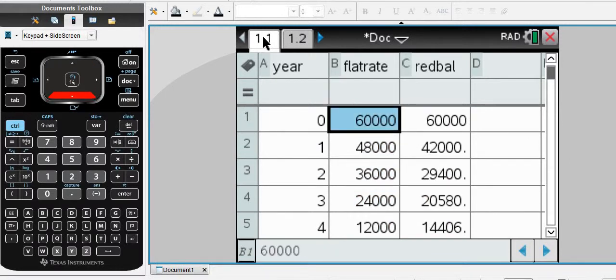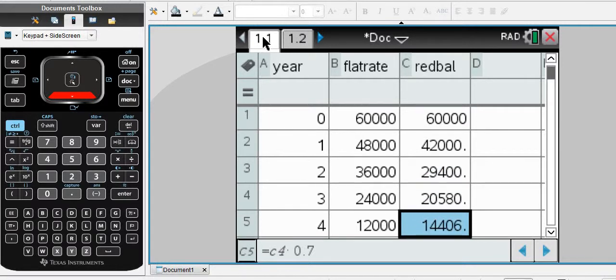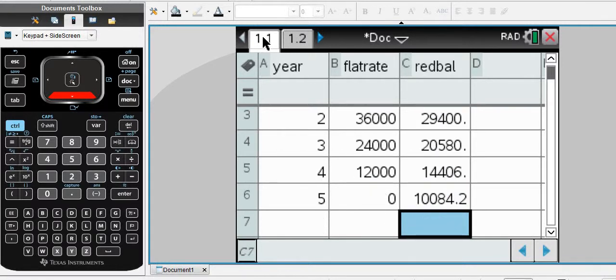With our reducing balance, we're coming down by a fixed percentage of the previous value each time. So that gets reduced by 30%. That number then gets reduced by 30%, reduced by 30%, reduced by 30%, and so on. All right. Now the question asked us to put that information on a graph.